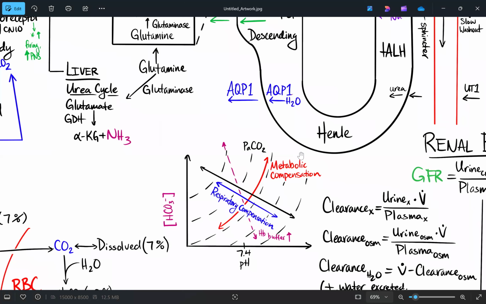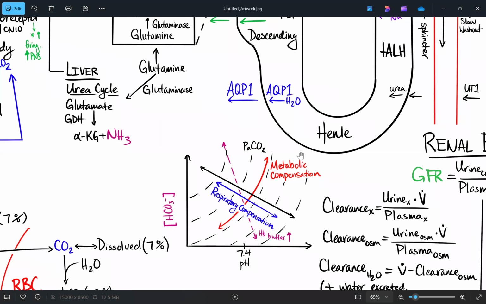Metabolic compensation follows a different line, where if you have, let's say, a high pH, you'll go to the right. You'll actually have metabolic compensation by going to a line kind of upwards in that direction through absorbing more bicarb, which is that y-axis, and vice versa.